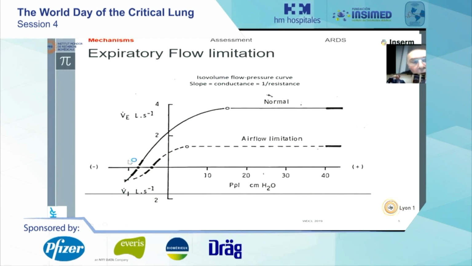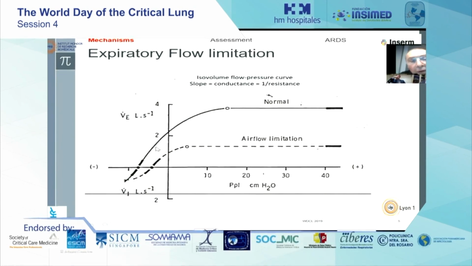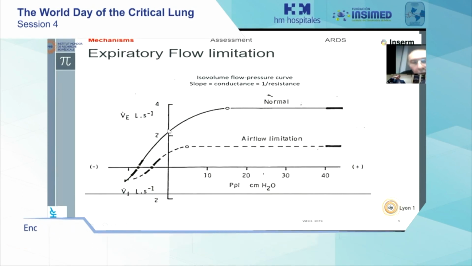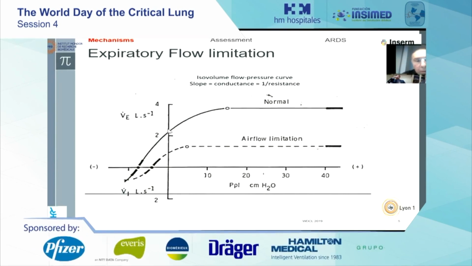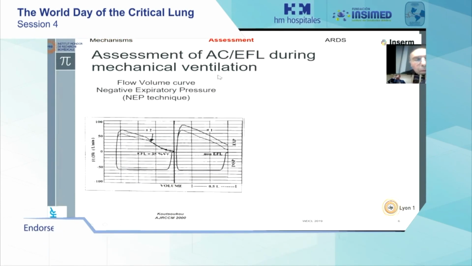And furthermore, the slope of this relationship is lower, and this slope is a conductance, which is the inverse of the resistance. That means that there is higher resistance in patients with airflow limitation as compared to normal subjects who, however, exhibit expiratory flow limitation.